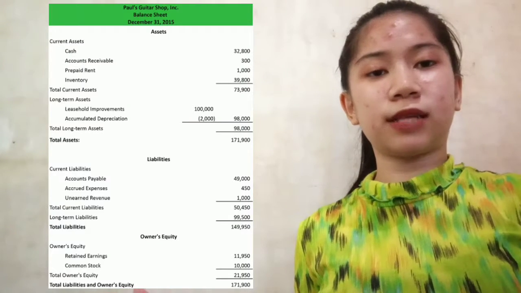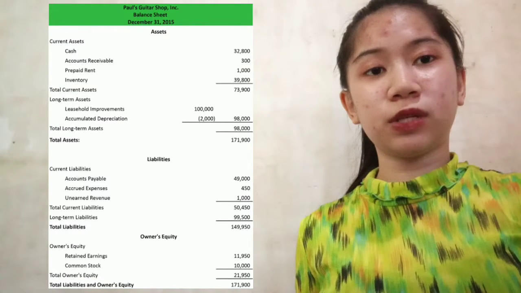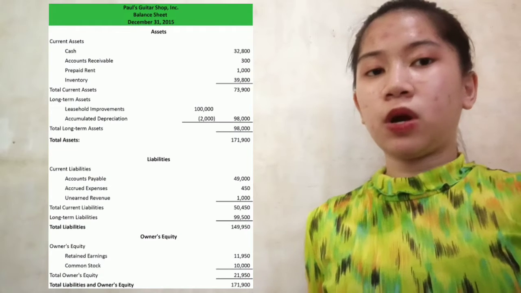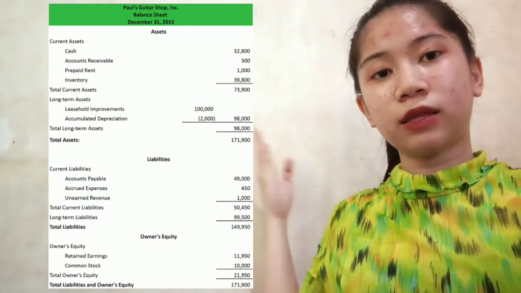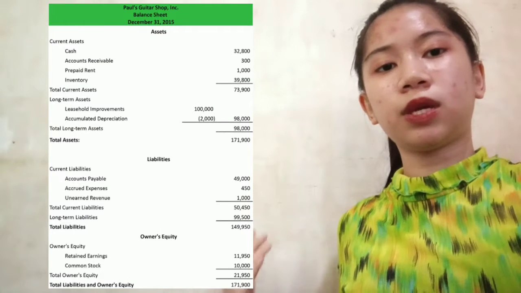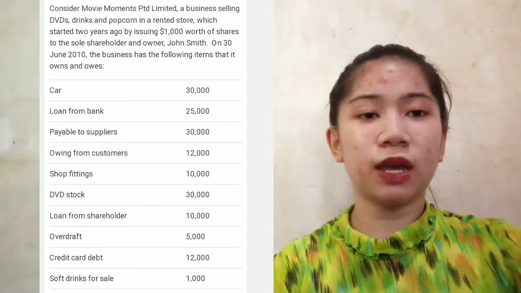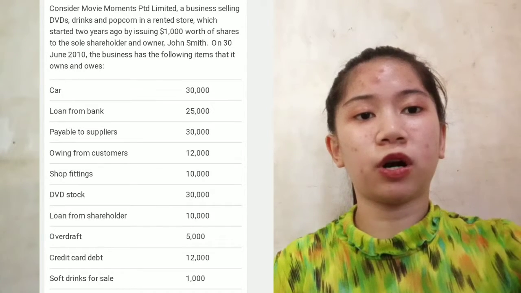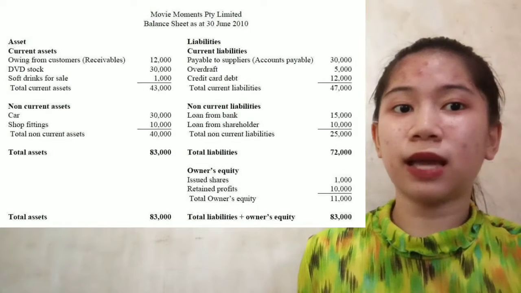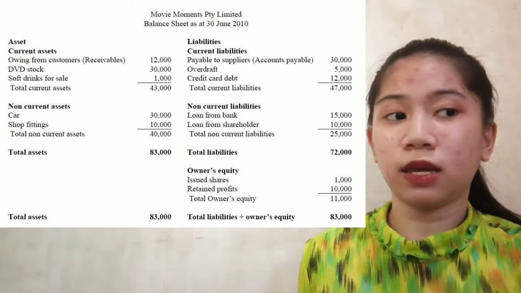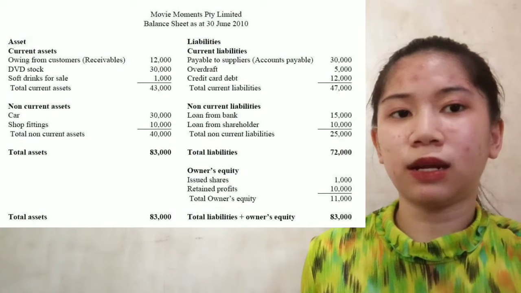While this is the example of writing the statement of financial position in report form, where the asset, liabilities, and equity are written in a vertical manner. Now, I'm giving a sample problem for a statement of financial position. Now, these are the answers to the sample problem earlier, written in account form.